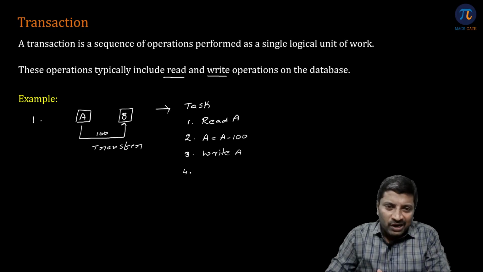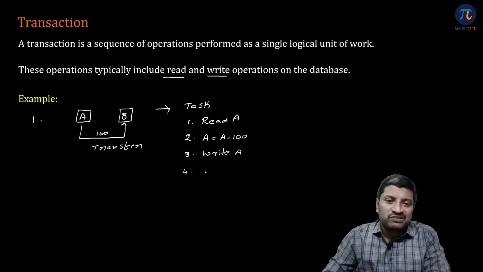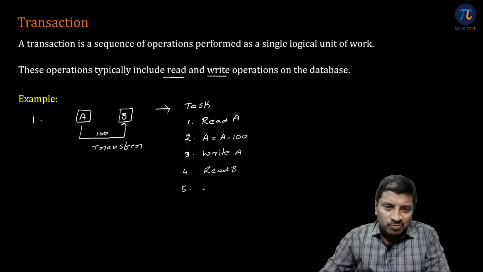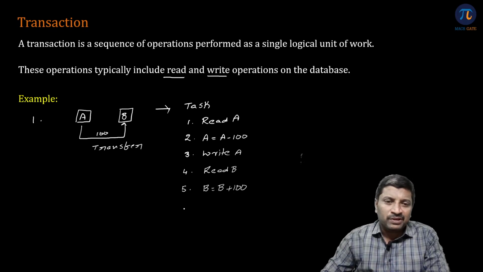Then these 100 rupees I need to add to B. If I want to add to B, first I should know the previous balance of B. So I need to read the balance of B. After reading the balance, you are supposed to add 100 rupees to account B. Then the updated value I need to write to the database.